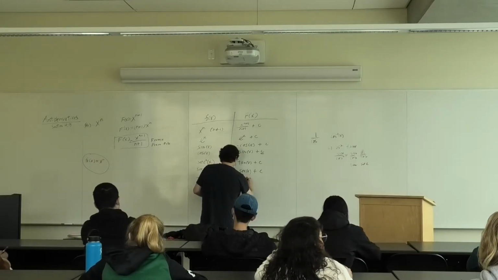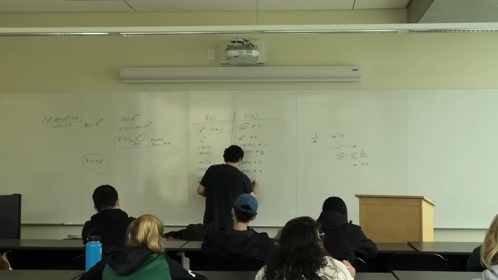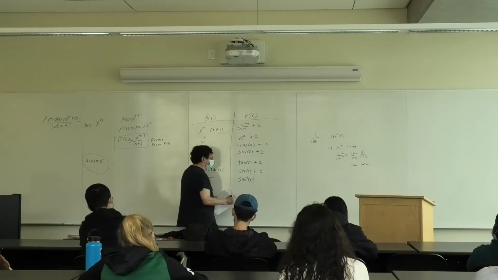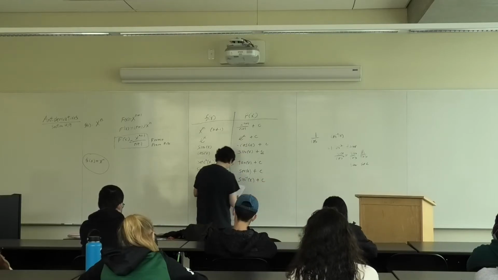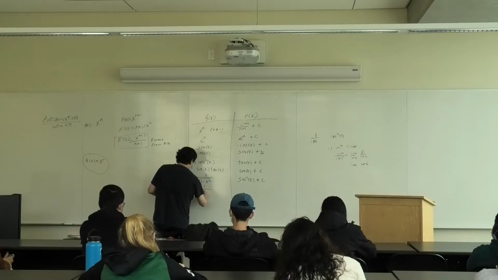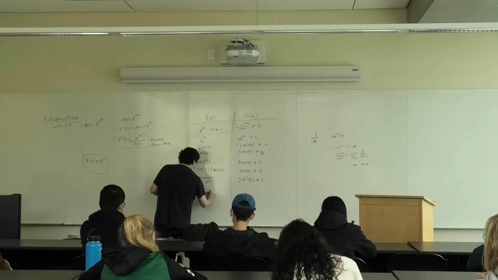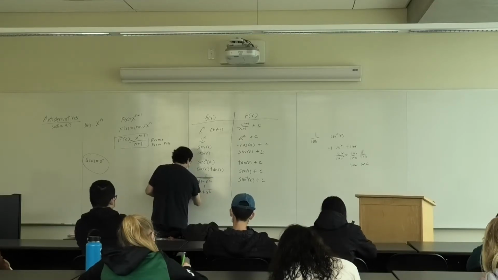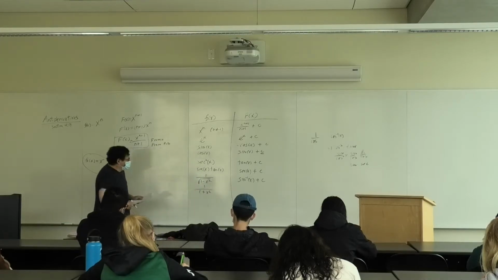This is the inverse sine of x, or the arcsine, plus a constant. Knowing that will help. Now 1 over 1 plus x squared.